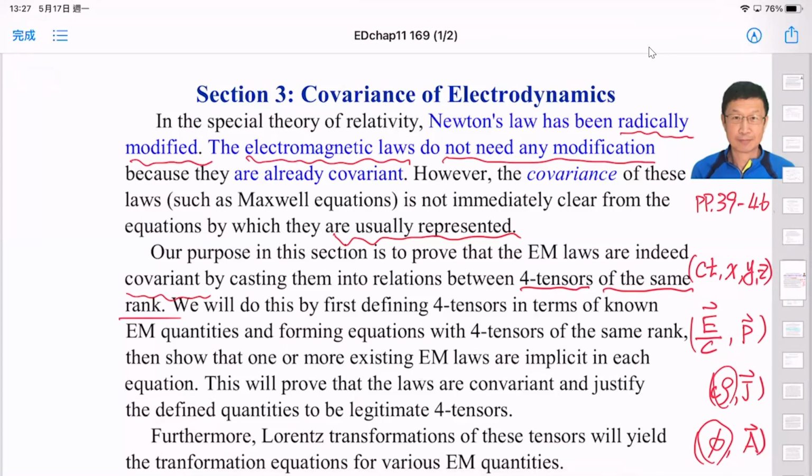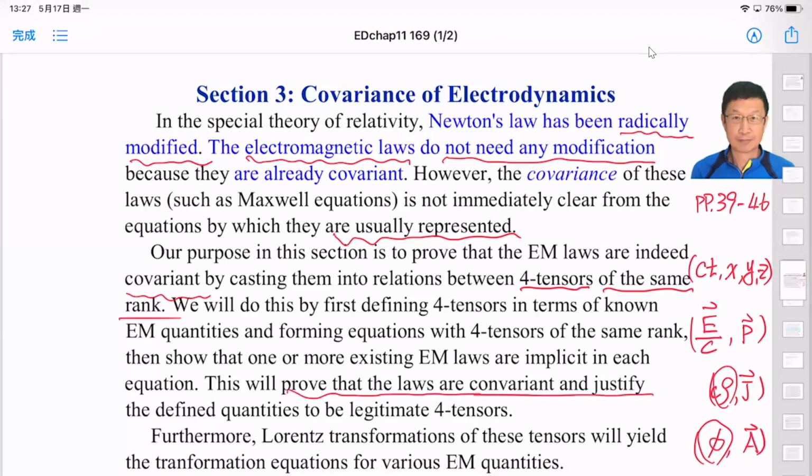And the first tensor of the second rank. Of course, we will consider the four Maxwell equations, and we will prove that the laws are covariant and justify the defined quantities to be legitimate tensors. Furthermore, Lorentz transformations of these tensors will yield the transformation equations for various EM quantities.